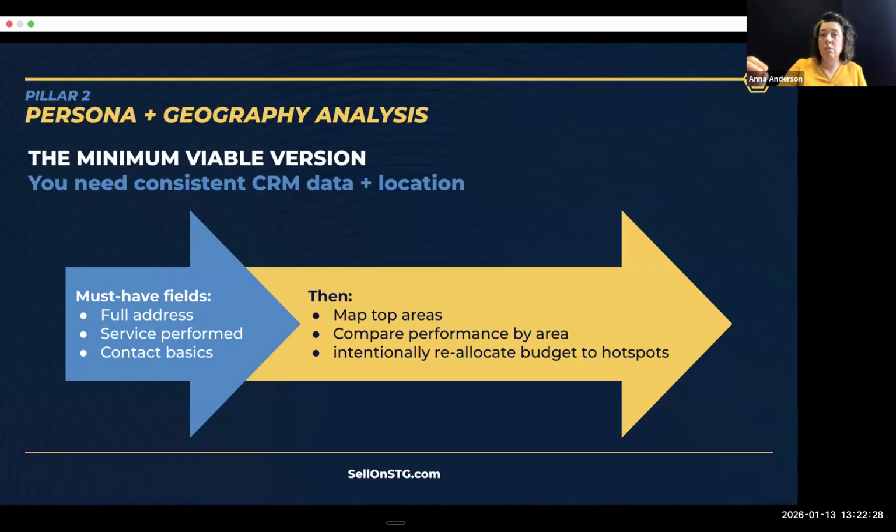And that's where you need to intentionally look for new hotspots that you can tap into. So I think those are some key things to understand: make sure you have this documented, and then you can look for those new hotspots where customers are at and you can advertise to them.